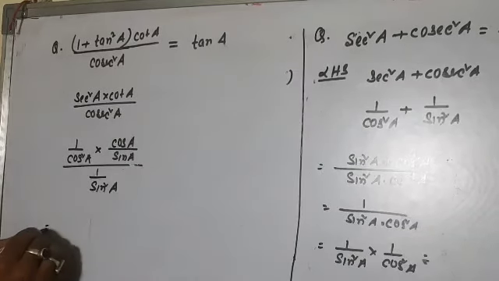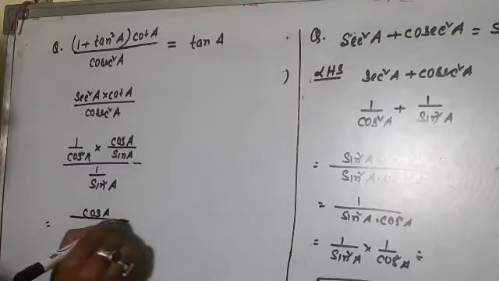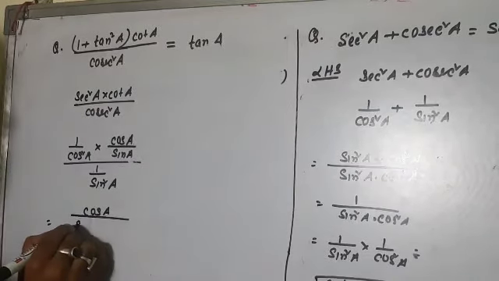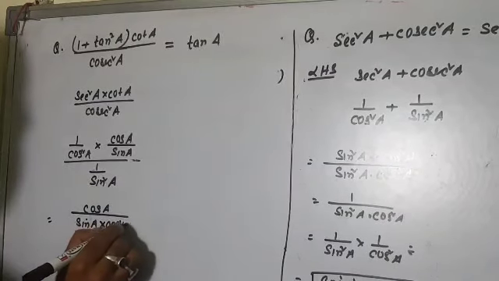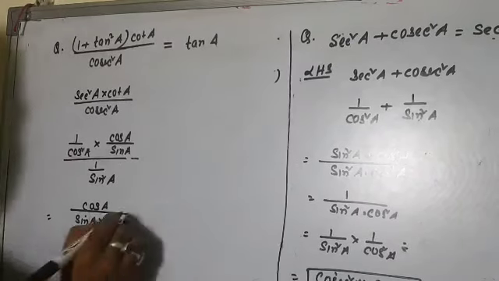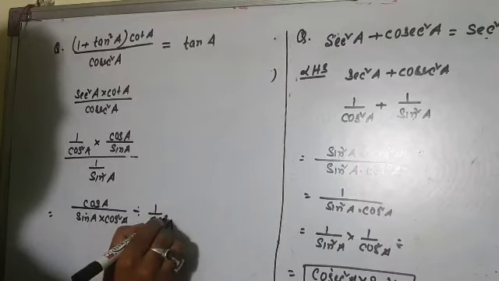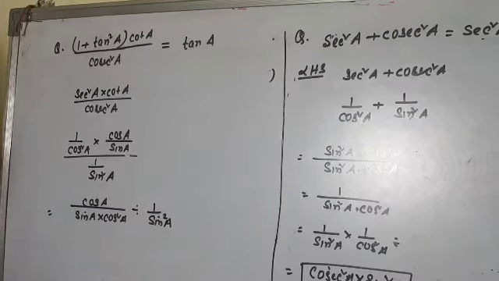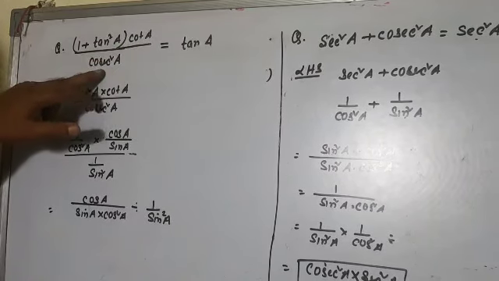So upward it is looking like this: cos a by sin a into 1 by cos square a, and divided by 1 by sin square a. The question is (1 plus tan square a) into cot a by cosec square a.